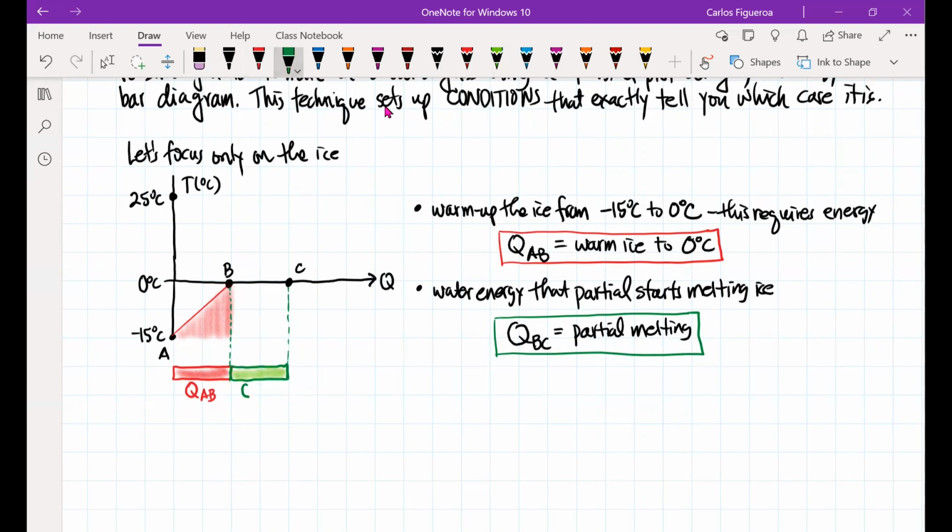And so this is the heat from B to C. So again, this is the region that we're focusing on right here.